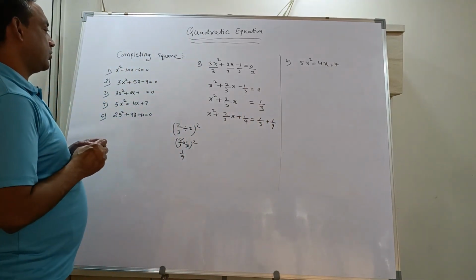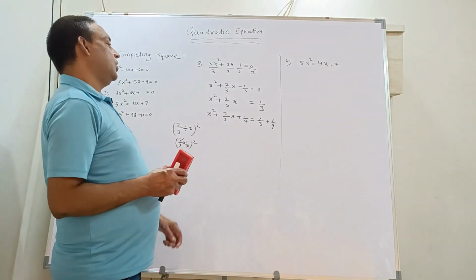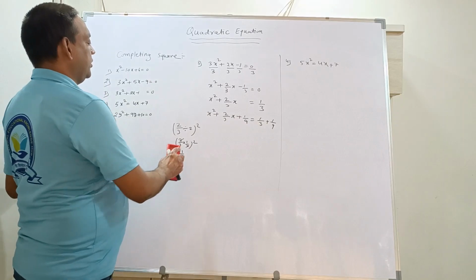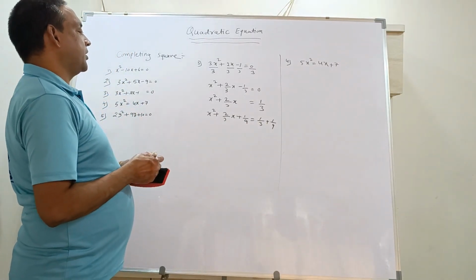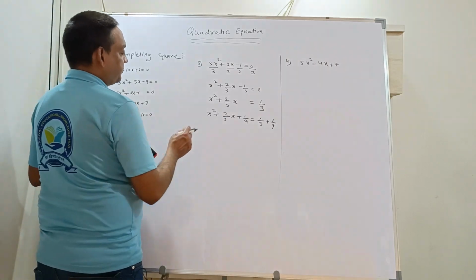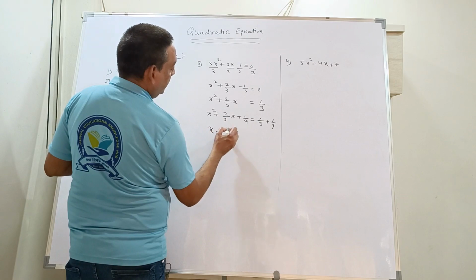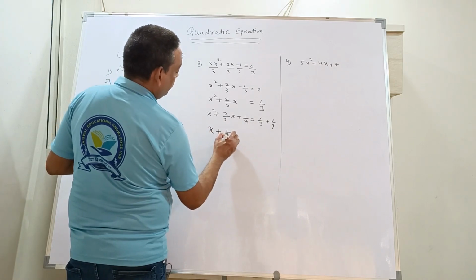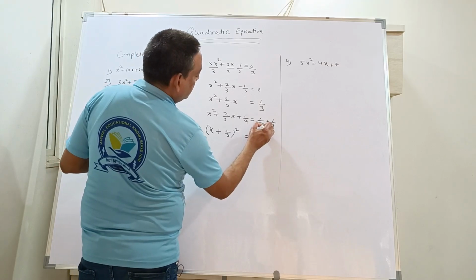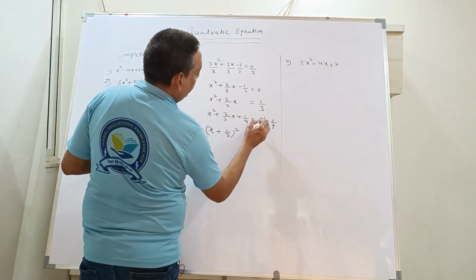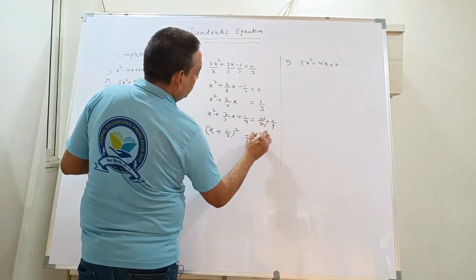Okay, so x square plus 2 upon 3x plus 1 upon 9 is equal to 1 upon 3 plus 1 upon 9. Now we have to make the perfect square. So we'll take the root of the first term, the sign of the middle term, and the root of the third term: x plus 1 upon 3, the whole square, is equal to, we'll take the LCM here, which is 9, so multiply by 3, so this becomes 3 plus 1.